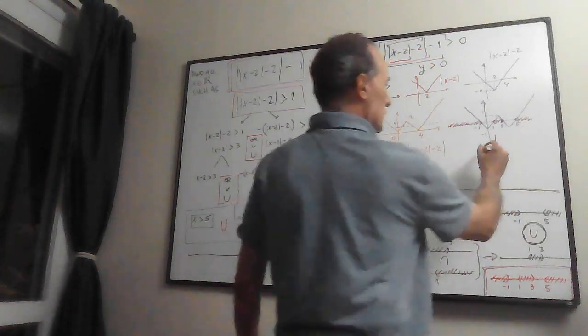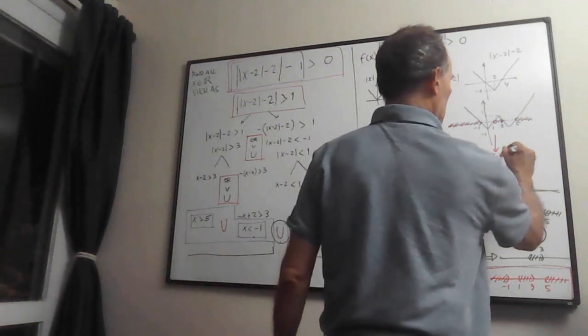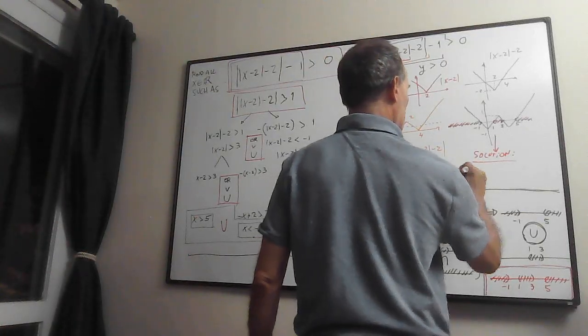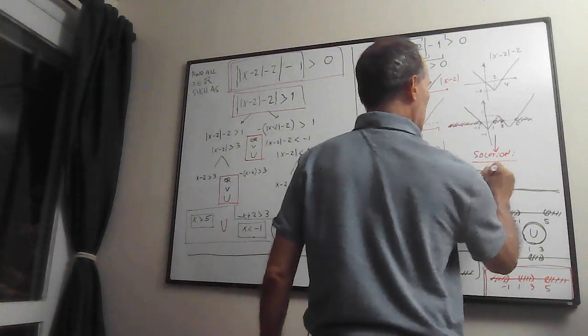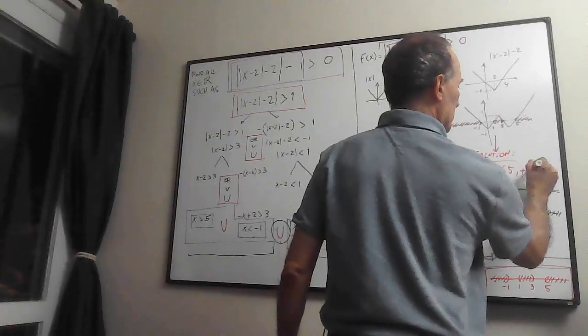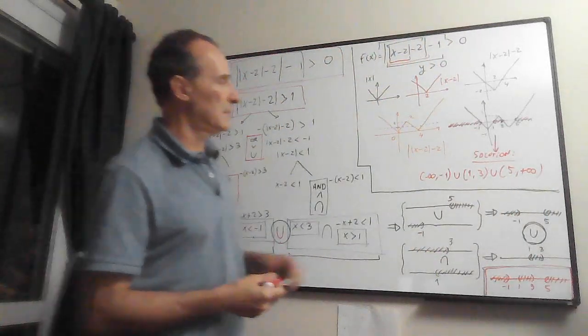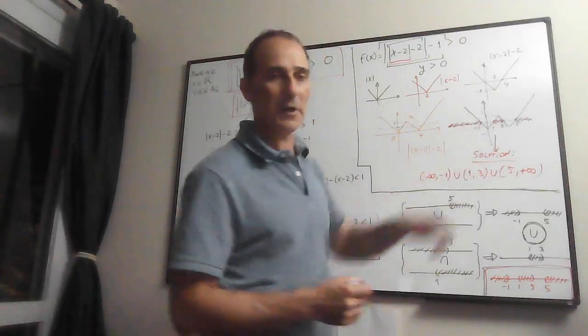So the solution is the union of three intervals. That's what you observe here in the graph.